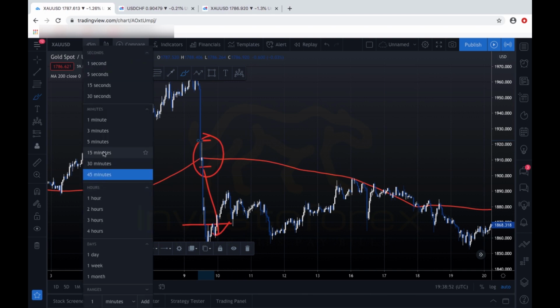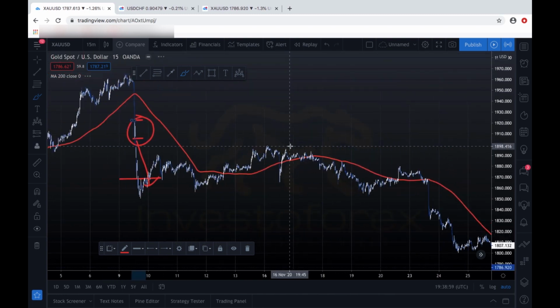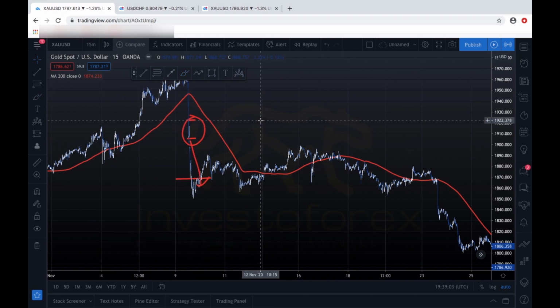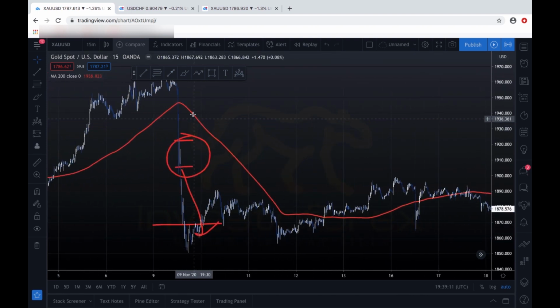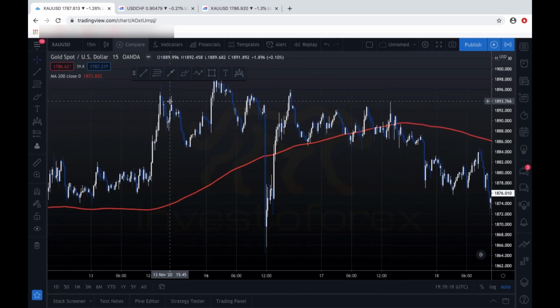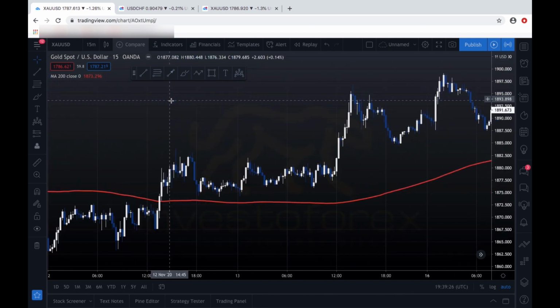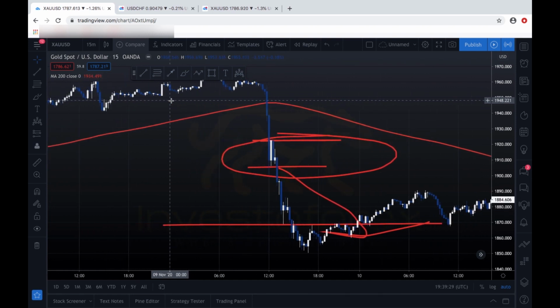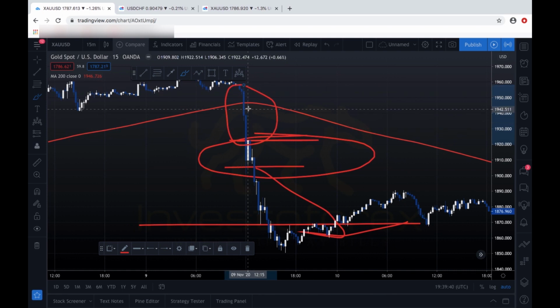And if we go to a smaller time frame, over here, there is a breakout, and the next candle broke the low of that breakout candle.